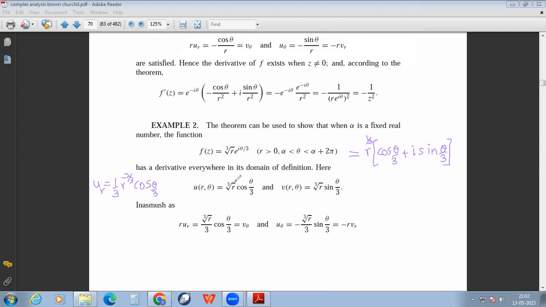So instead of adopting this notation, let us go with this one: r raised to 1/3. So 1/3 comes down and r gets raised to 1/3 minus 1, that is minus 2/3.